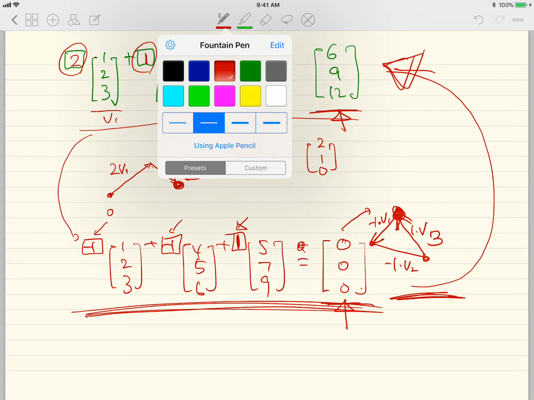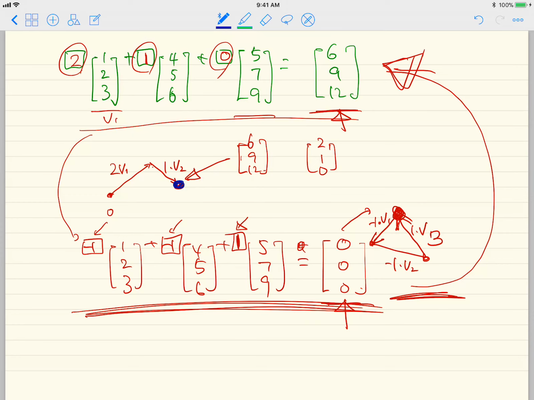Back to the original system. We arrived properly at the final destination we are given, and now we apply this solution here. Let's start from this point as our origin and draw this kind of triangle, like this and this and this.